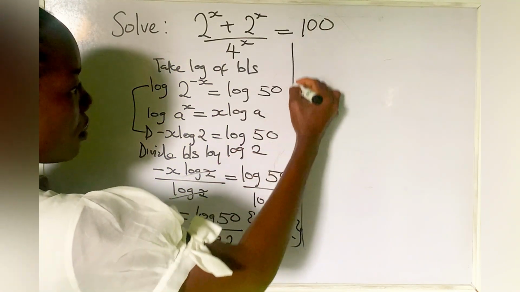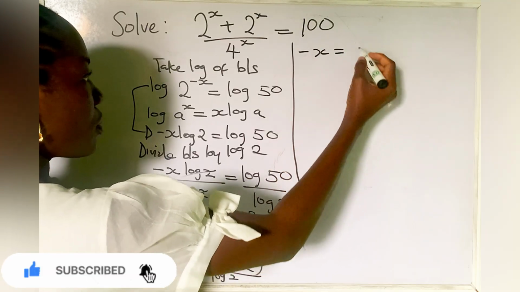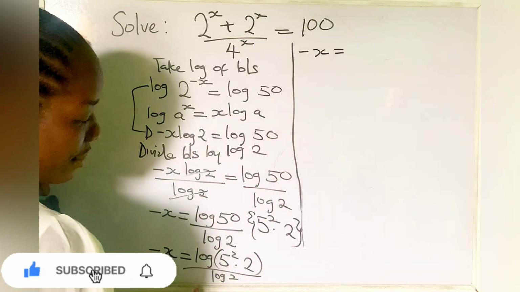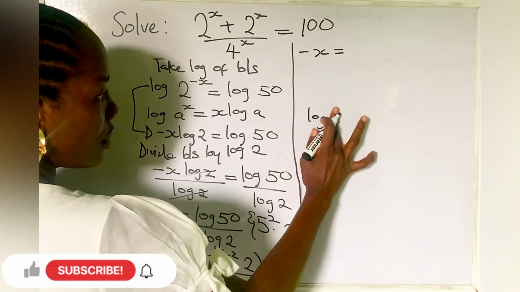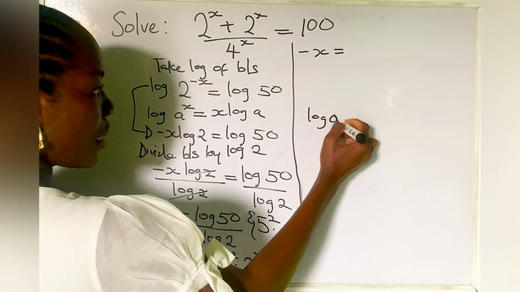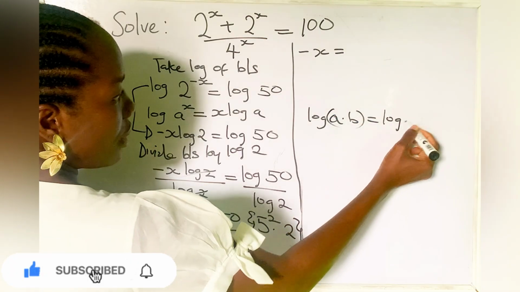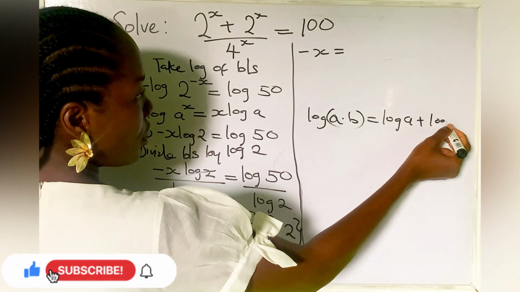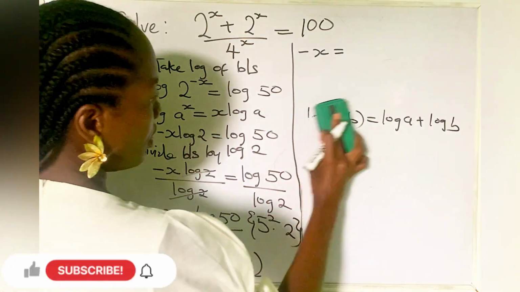Now, negative x is equal to, when you have something like log a multiplied by b, same thing as writing it as log a plus log b. So let's translate this now.